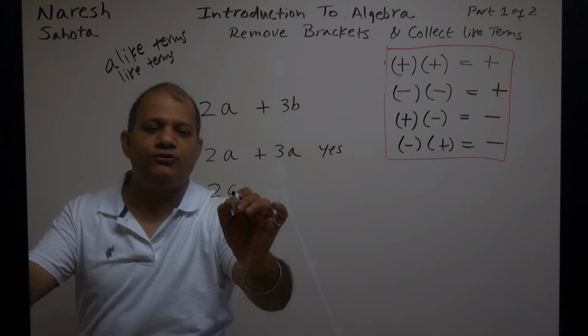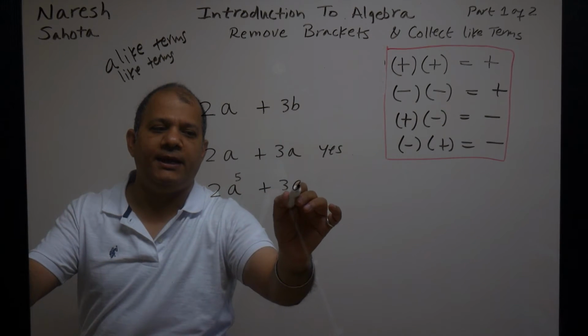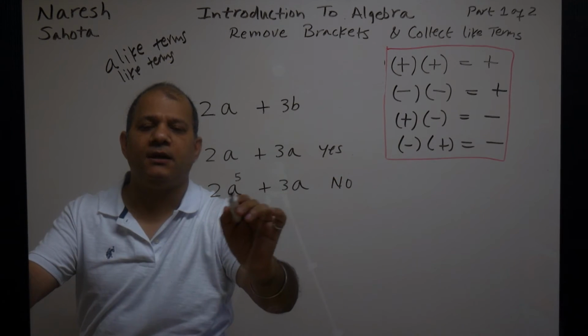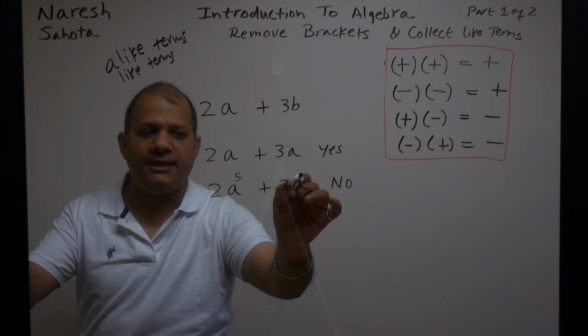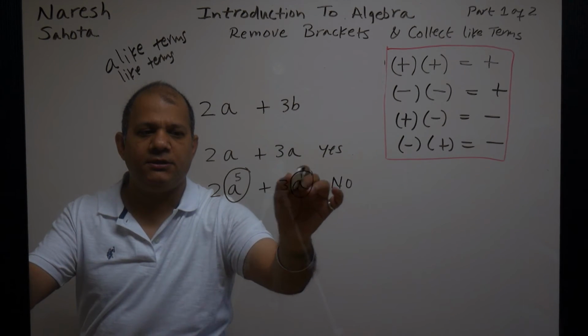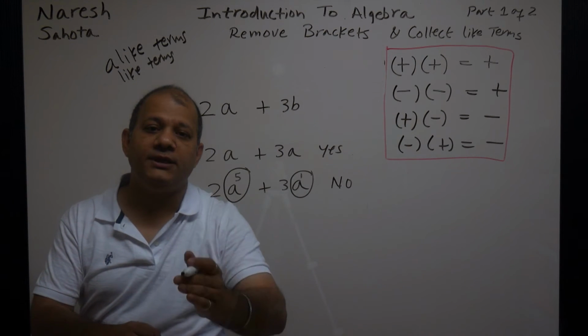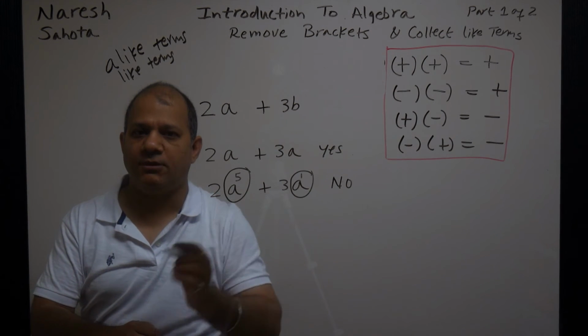Now, if I say 2a to the exponent, let's say 5, plus I have 3a, here I can't combine them, because this a has an exponent of 1. So you compare the variable part. If the variable and the exponent are identical, only and only then the terms are alike.